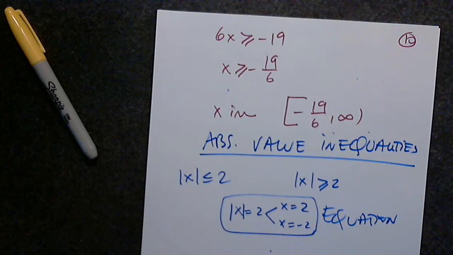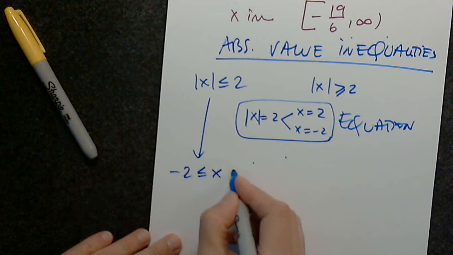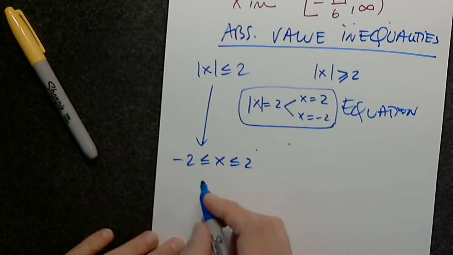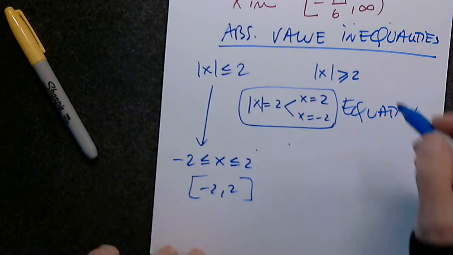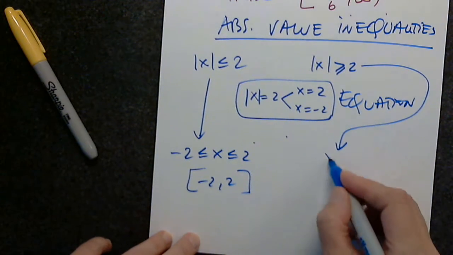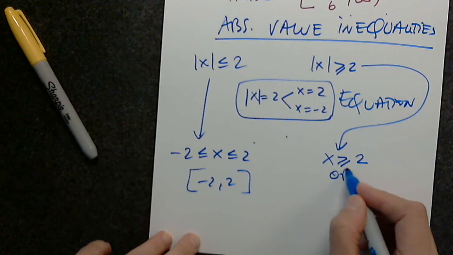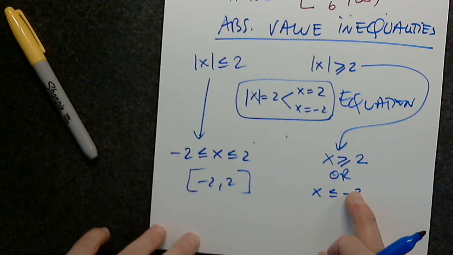They cannot overlap. So the solution for the first one is nice, and in interval notation, it is negative 2, 2. But the solution for the second one is not that nice. It is x greater than or equal to 2 or less than or equal to negative 2. Make sure this is not included here.